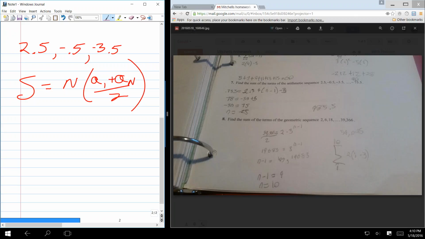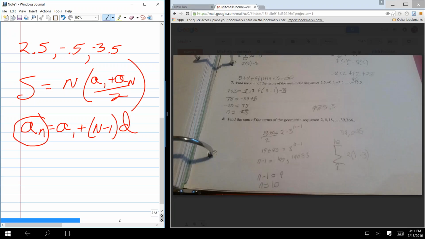Well, to figure that out, let's go back and figure out what is the nth term definition for an arithmetic series. The a sub 1 plus n minus 1 times d. Uh-huh. Well, again, we know what the nth term is, we know what the first term is, and we know what d is. So this is going to tell us n.